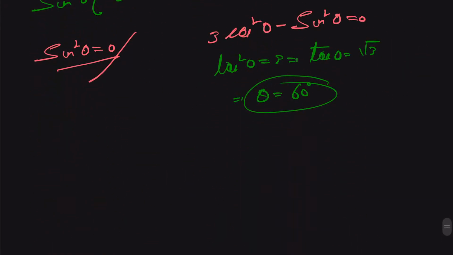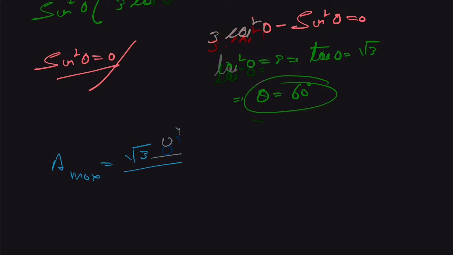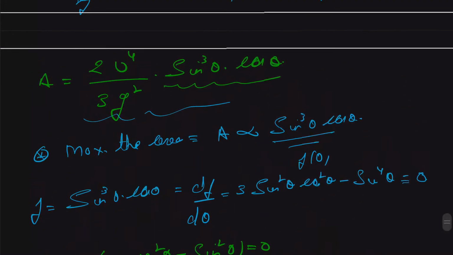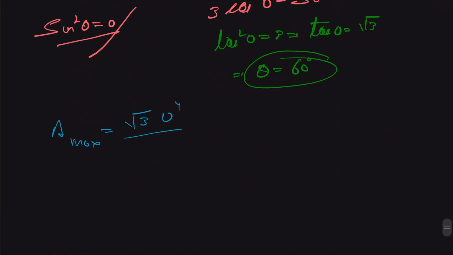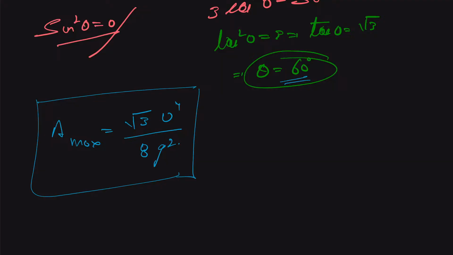Here we can say that our maximum area will be equal to square root of 3 v raised to power 4 by 8 g square. So this is the maximum area for the particular value of theta equal to 60 degree.